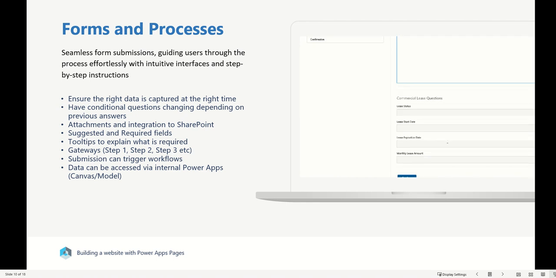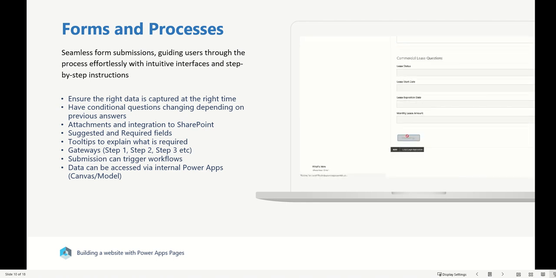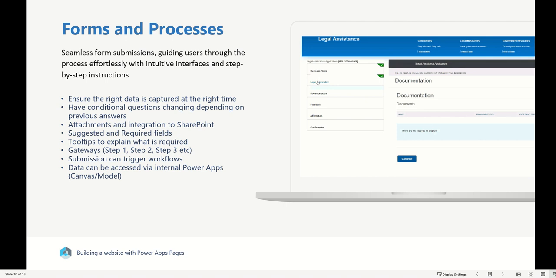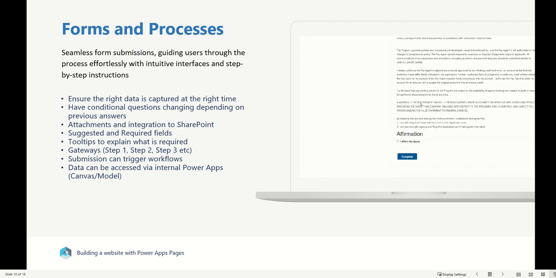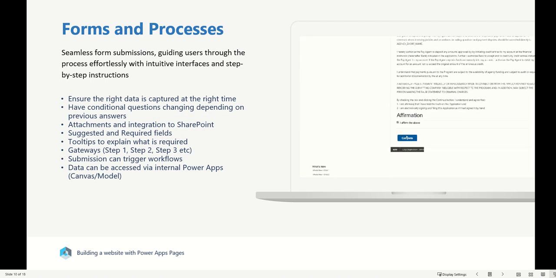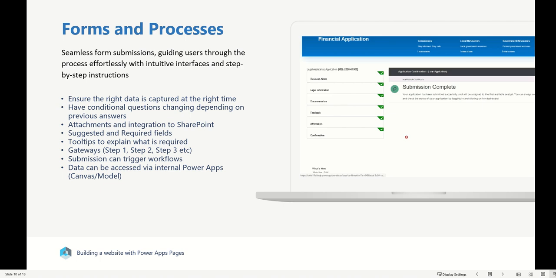Submissions can trigger workflows, so that could be if we wanted to send a notification to somebody, or we wanted a process to kick in, we can trigger this using Power Automate. Data can be accessed via internal Power Apps, all this data that's then submitted. We once built a portal for somebody that was doing quotations, and what we wanted after the back of that is for the sales team to be notified.